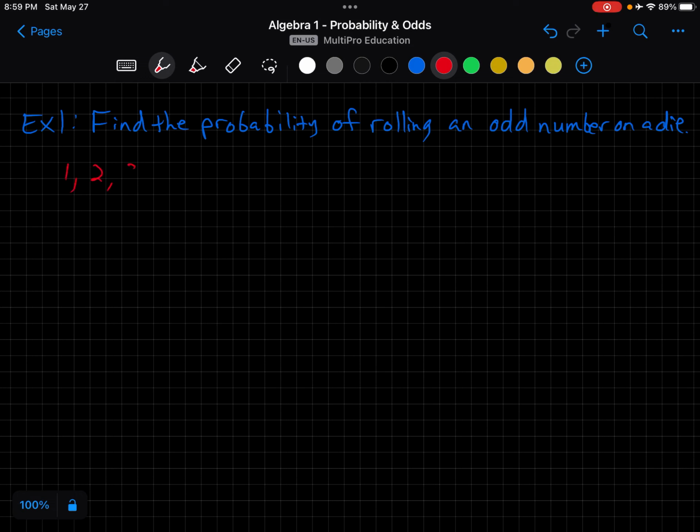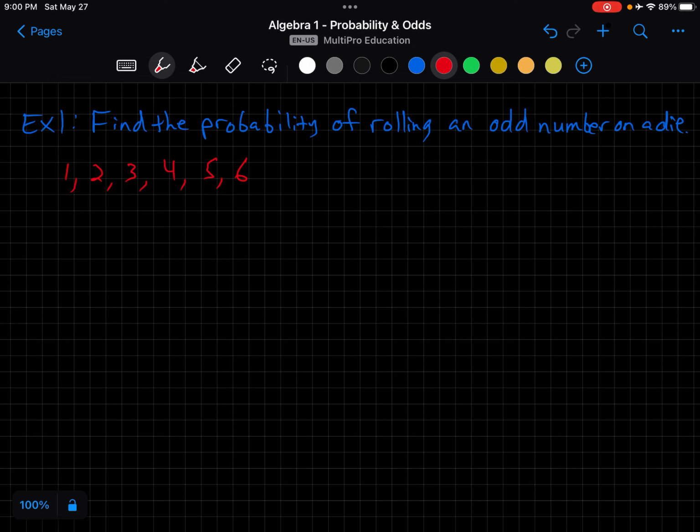So we had 1, 2, 3, 4, 5, 6. Now, if you had played Monopoly, you actually had 2 dice. But we're going to pretend in this case that we only have 1.